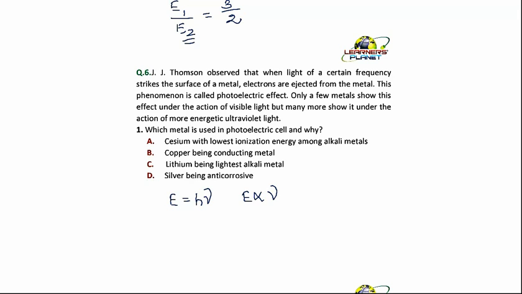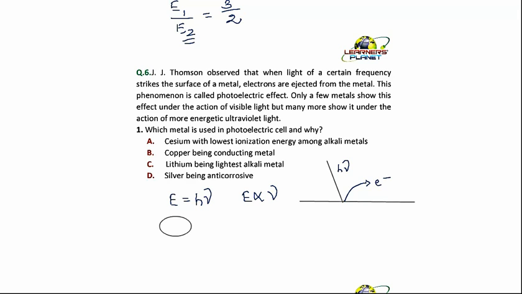Now students, say I am taking a metal plate on which the light rays strike, and an electron is ejected. What is required? This electron needs to break the force of attraction between itself and the nucleus.